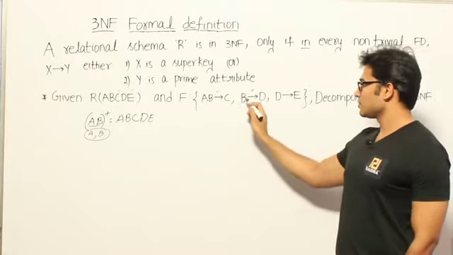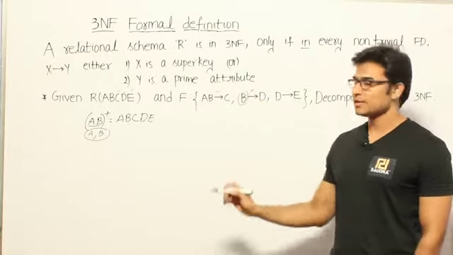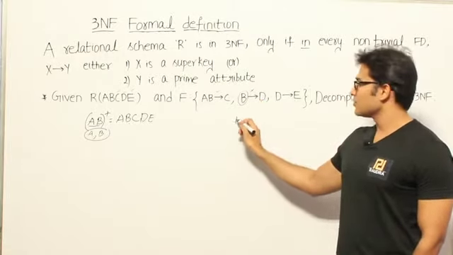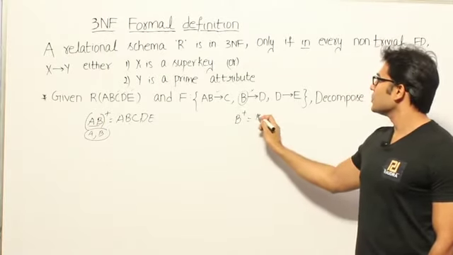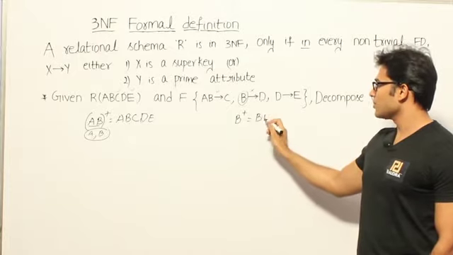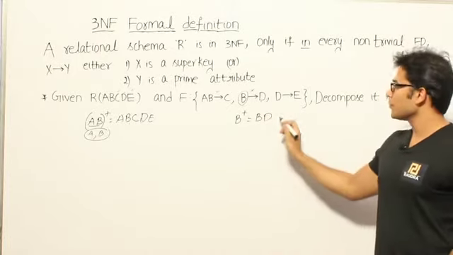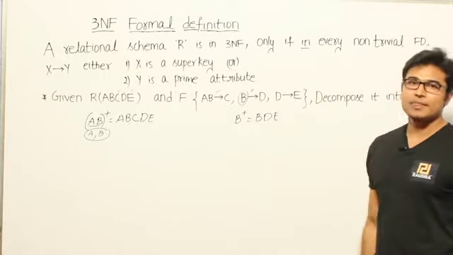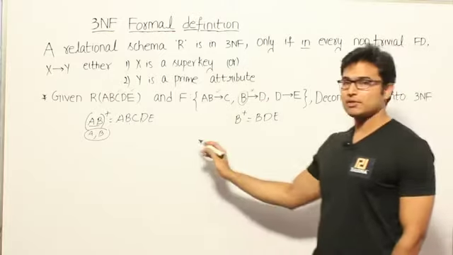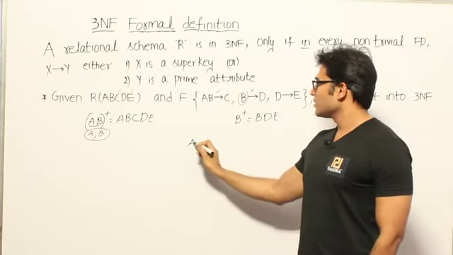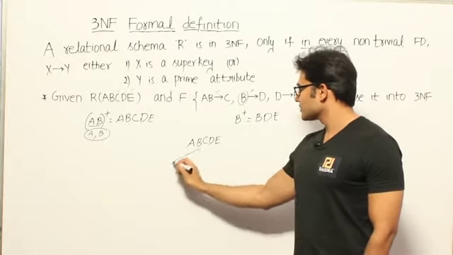So how to decompose the table? Take the left side of the functional dependency which is failing the case and apply closure. So what is it? B plus. So what do I get? B plus is going to give me B, and because of this D, and since D is present here, I am going to get E as well, right? So I have to decompose the table based on that. So now the table A, B, C, D, E is decomposed like this.